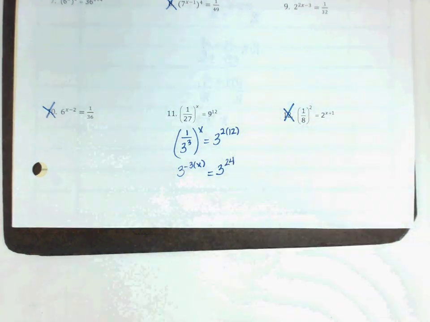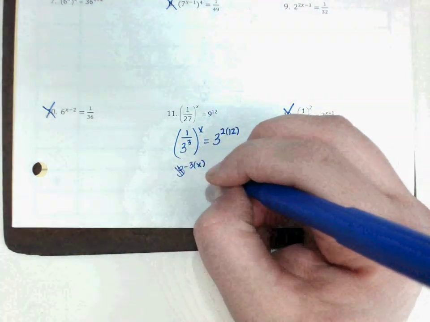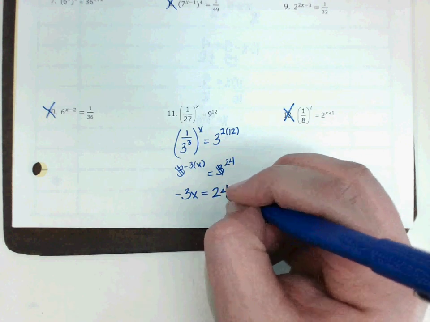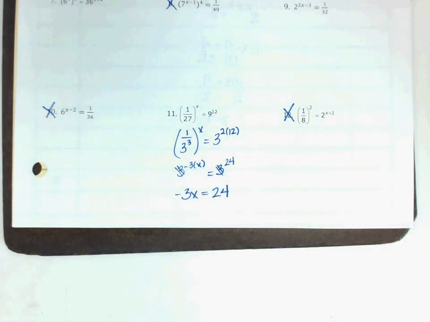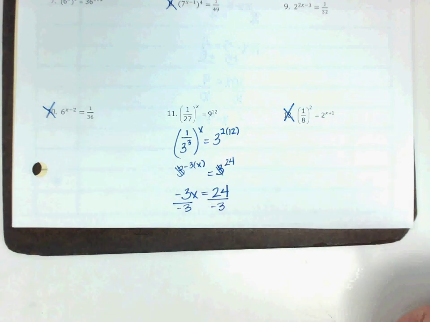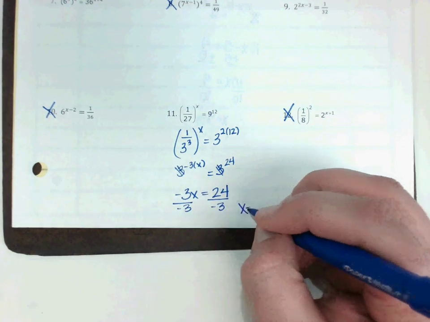Now, why am I not adding? They didn't each have their own base. They're already both sharing, then I multiply. Okay, so then from there my 3's are gone. I have negative 3x equal to 24. What do I have to do to solve? Divide by negative 3.